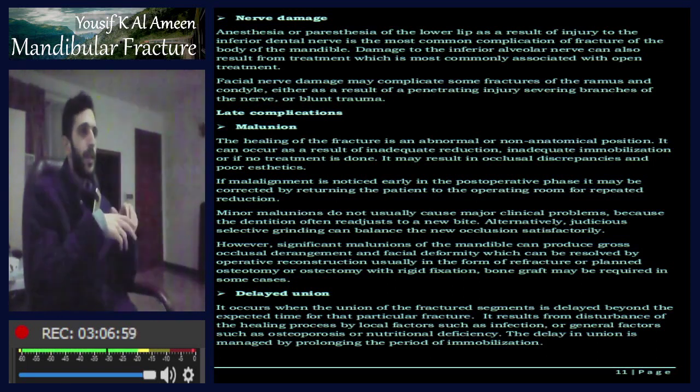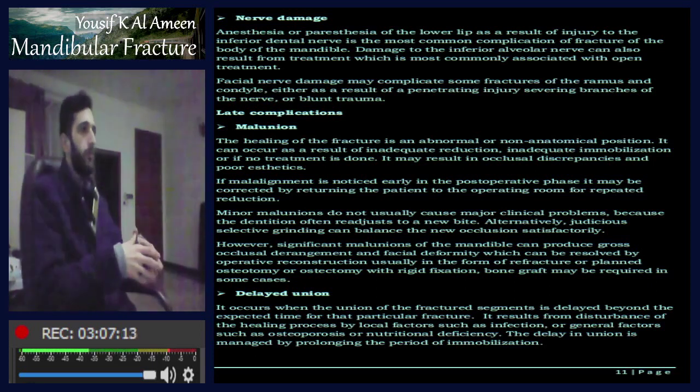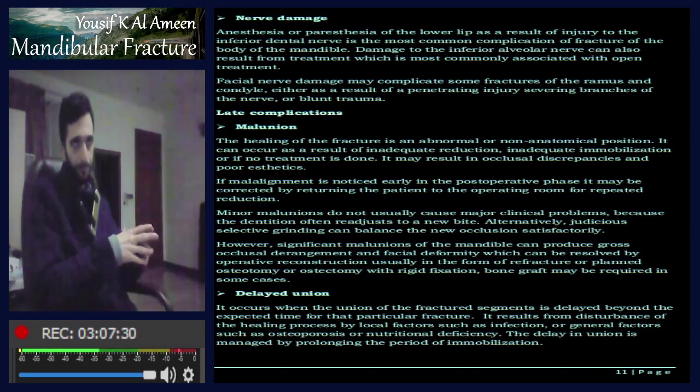However, significant malunions of the mandible can produce gross occlusal derangement and facial deformity, which can be resolved by operative reconstruction, usually in the form of refracture or planned osteotomy.